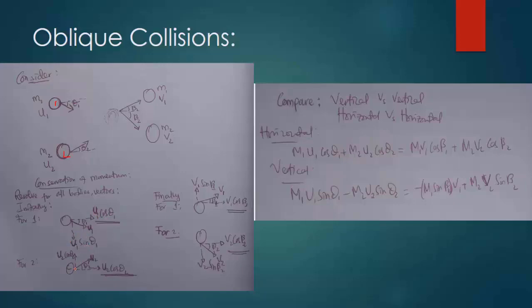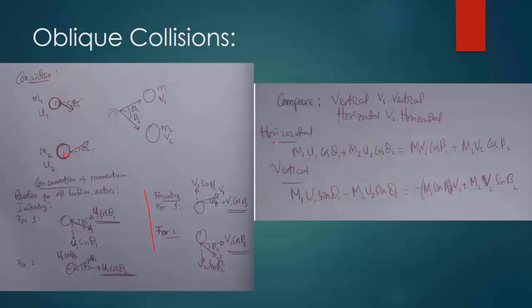Similarly for this one you do the same, for this one here you do the same, resolving horizontal and vertical, and for this one you do the same: horizontally v2 cos beta 2, vertically it becomes v2 sin beta. So finally, these are initially here and finally here. So finally you start comparing vertical versus vertical, the initial and the final, and horizontal versus horizontal.